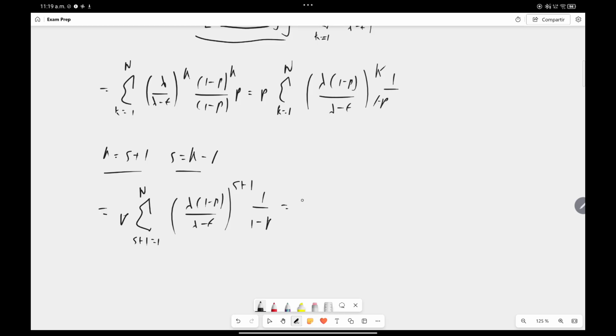And so we get p times the sum from s equals 0 to n.